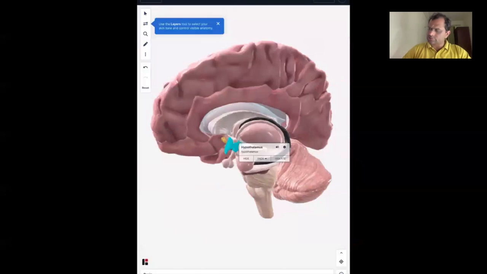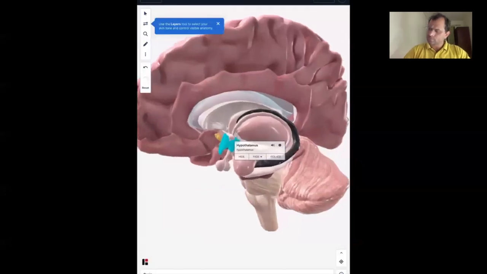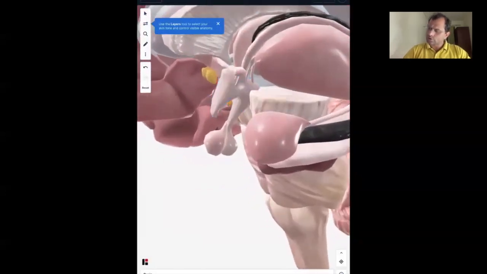If this is the hypothalamus, the hypothalamus is making something, and through this pipeline it comes into the pituitary gland. This is the pituitary gland. So this is the hypothalamus, and through the duct, the infundibulum, the secretions come into the pituitary gland.